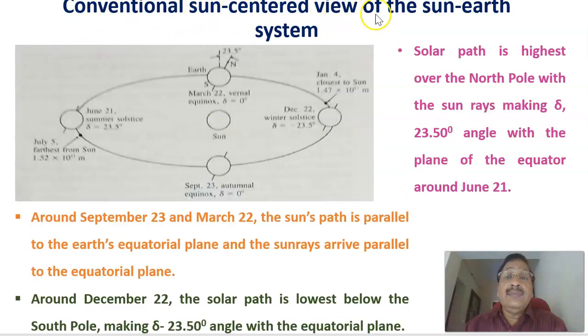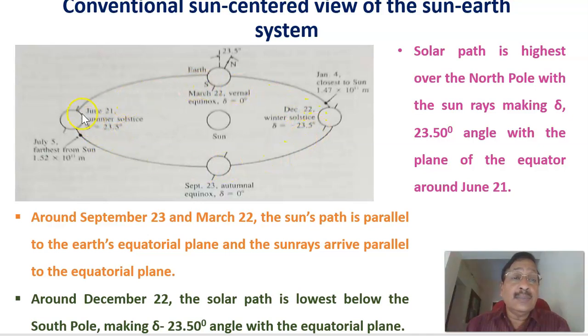The conventional sun-centered view of the sun-earth system is shown here. This is the sun and this is the Earth for different months. Here June 21st, March 22nd, December 22nd, September 23, like that.